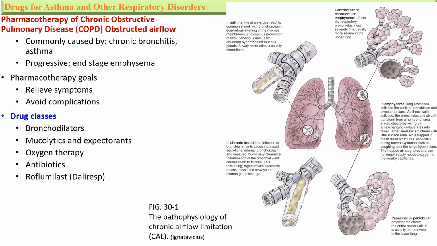Now COPD. Chronic obstructive pulmonary disease, commonly caused by chronic bronchitis or asthma, is progressive and end-stage emphysema. So patients with COPD either have emphysema or chronic bronchitis.